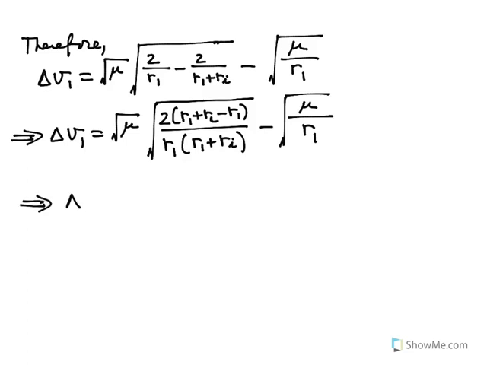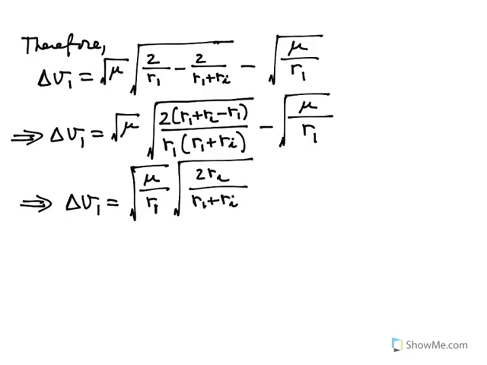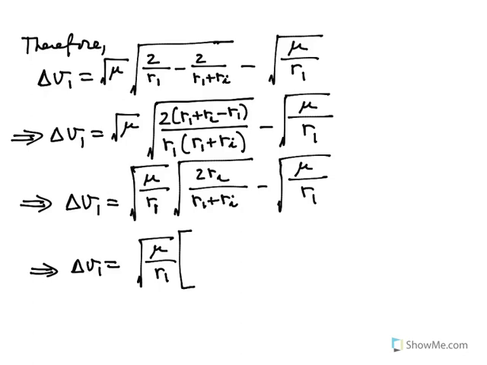If I factor R1 out of the square root, I get the square root of mu divided by R1 multiplied by the square root of 2Ri divided by R1 plus Ri, minus the square root of mu divided by R1, which simplifies to delta V1 equal to the square root of mu over R1 times the quantity: the square root of 2Ri divided by R1 plus Ri, minus 1.